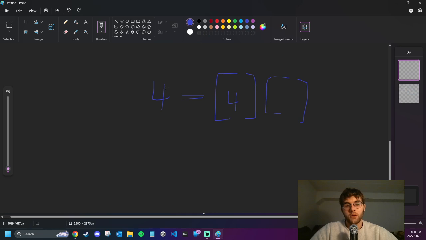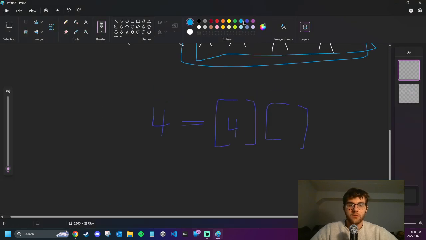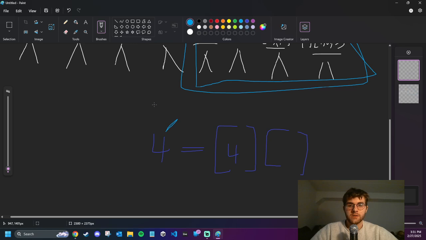So now this information tells us if we had a 4, then we could make it symmetrical. And we have to know, yeah, okay. So this kind of tells me like this guy's saying like, I need a 4.